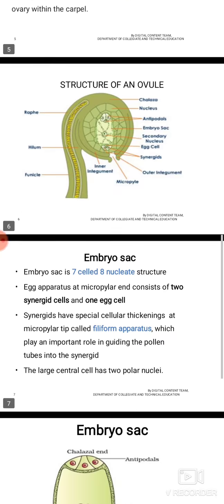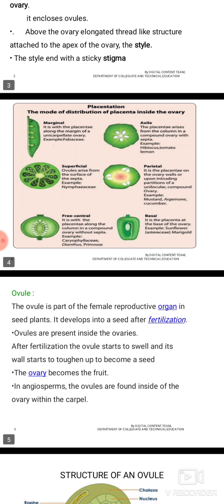Coming to different types of placentation. So placentation is nothing but the mode of distribution of placenta inside the ovary, and it is of the following types, namely first one, marginal. Here the ovules are arranged along the sutures.